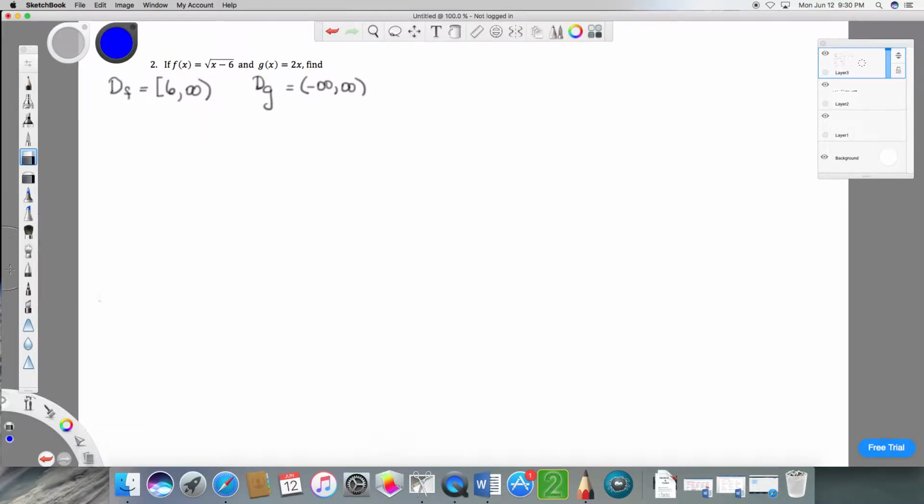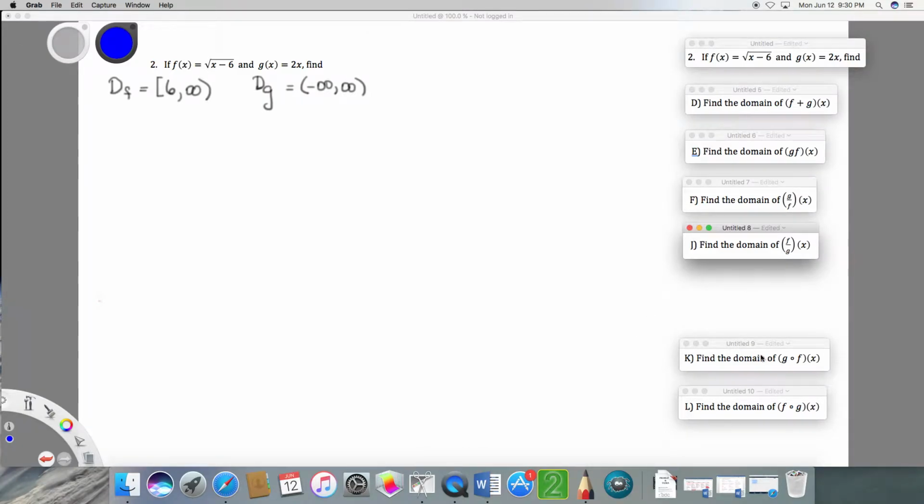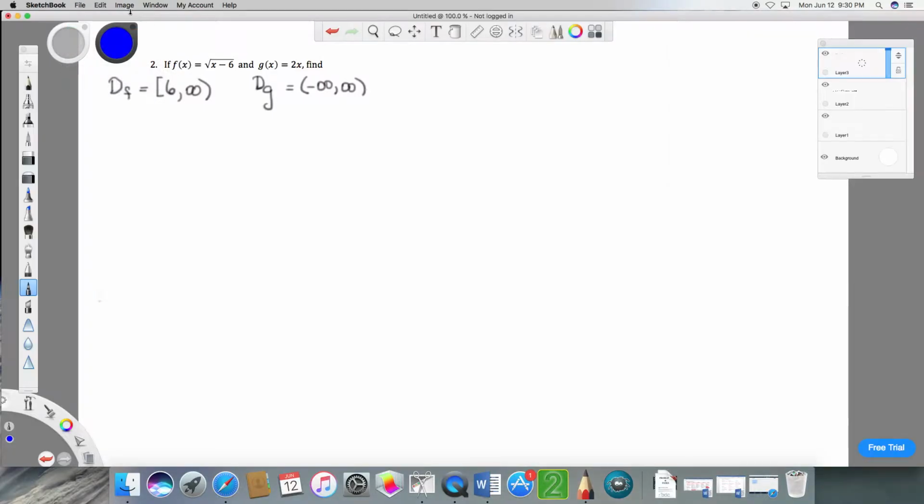Yeah, we've got 2 more to think about. And they're both finding the domain of a function composition.